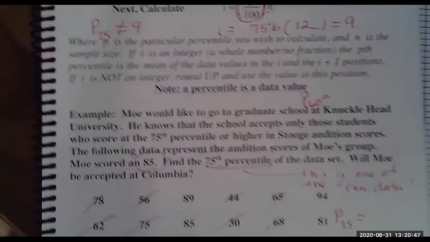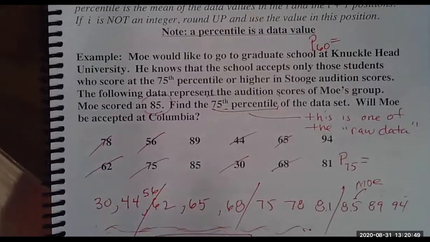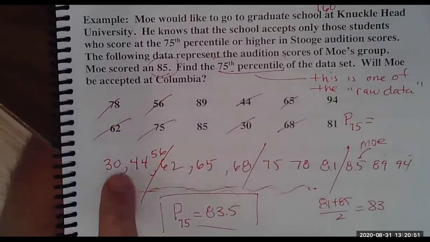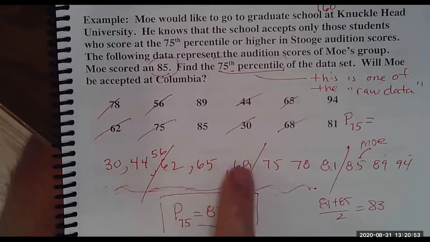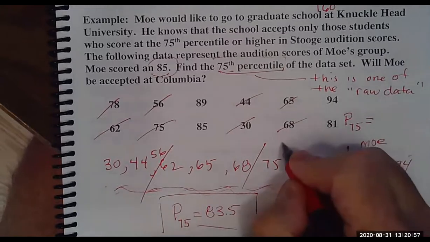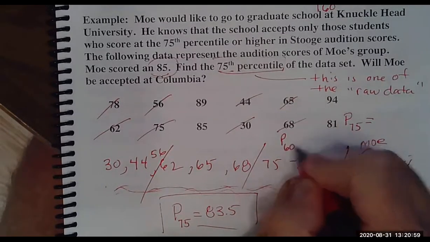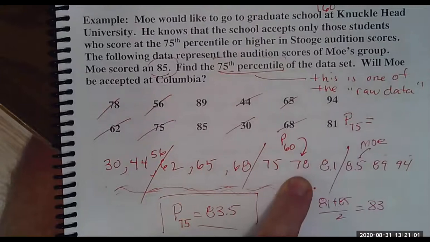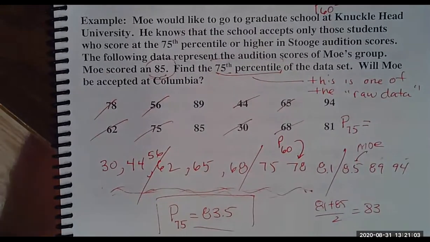Okay, I'll go back over here. The 8th. 1, 2, 3, 4, 5, 6, 7, 8. 78 would be considered P of 60. The 60th percentile is 78. The score 78 represents that.